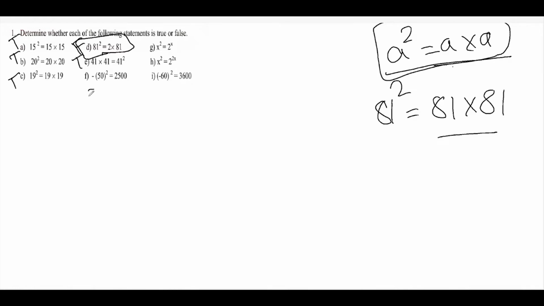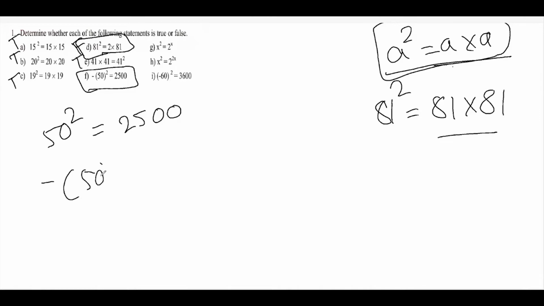Next is minus 50 square is 2500. So 50 square is 5 square, 25, 10 becomes 20, so it becomes 2500. But in this case, minus is outside the bracket. So minus 50 square is equal to the square of this number, which becomes minus 2500.